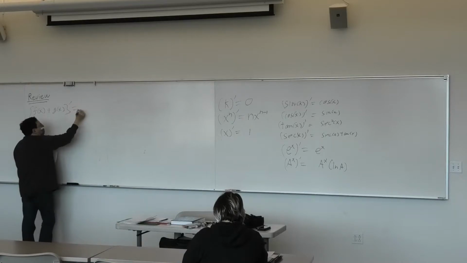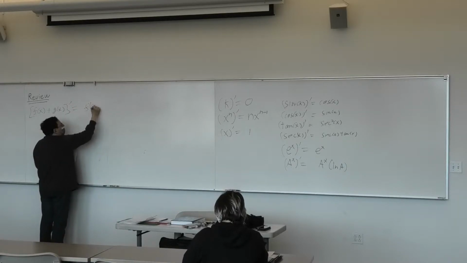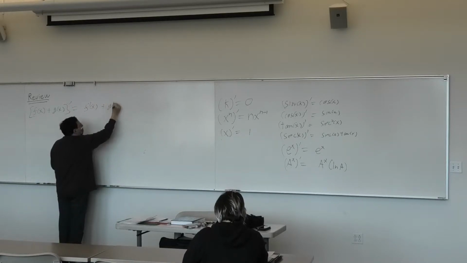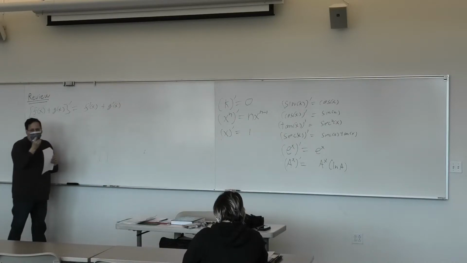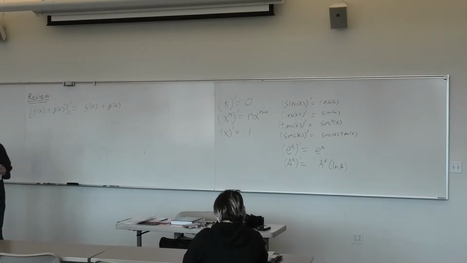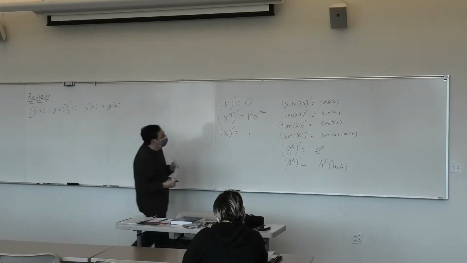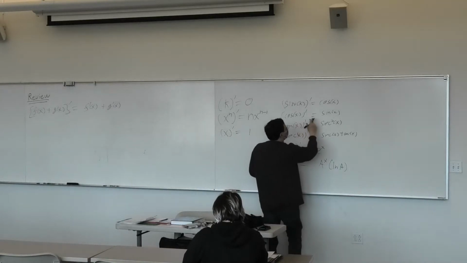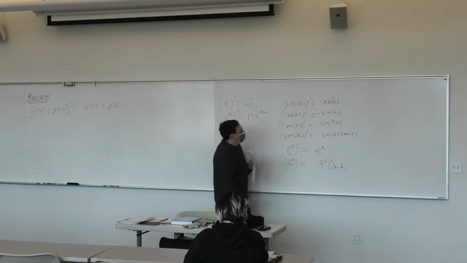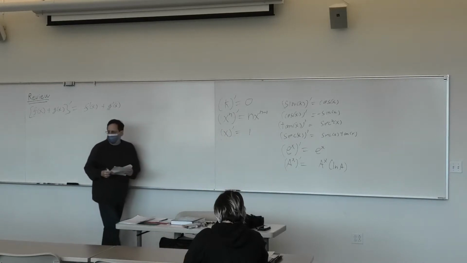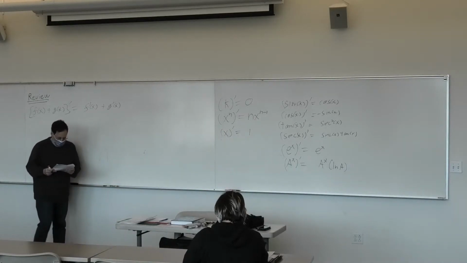Derivative of the sum is the sum of the derivatives. Which is derivative of cosine, I think with the wrong value. Oh, yeah, I wrote the wrong value. Thank you. Negative sign. Is that what you meant? Thank you.